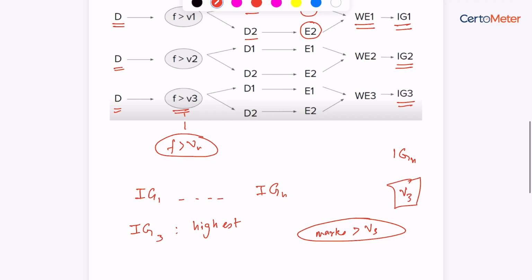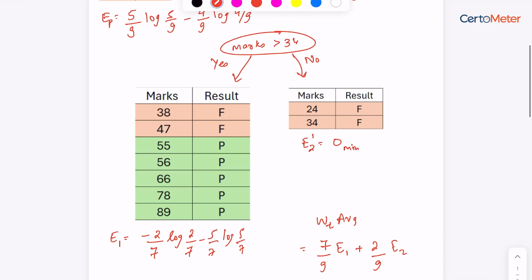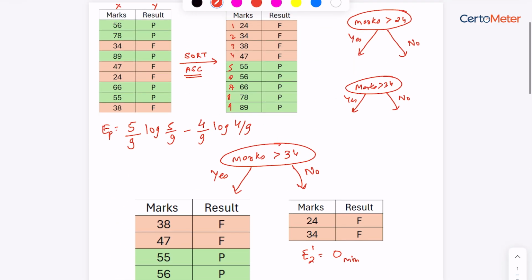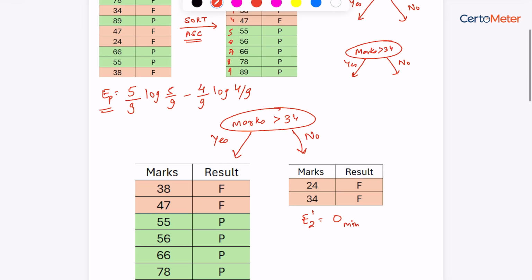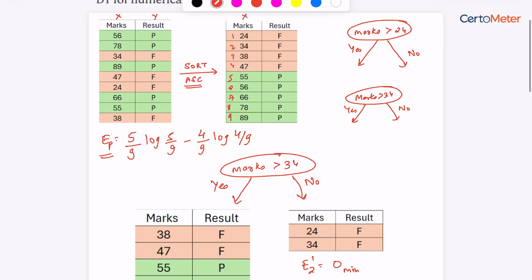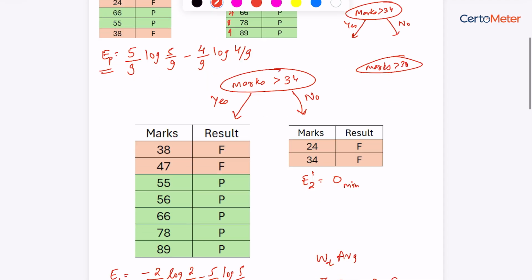So again, to repeat this: first calculate the entropy of the entire system, right? Then sort the values in ascending order and start making the split one by one on all the values. So first I will make the split marks greater than 24, then marks greater than 34, then marks greater than 38. And then at every split I am going to get two data sets.